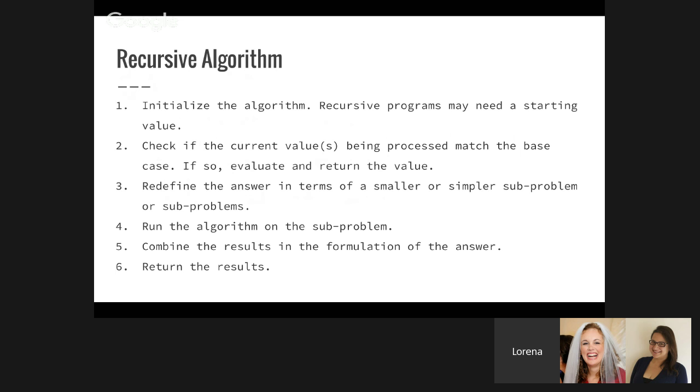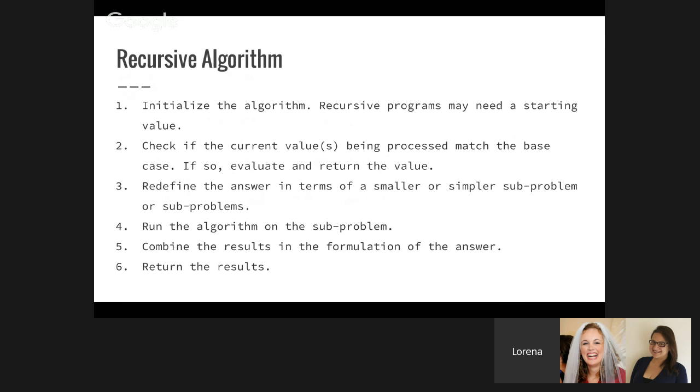Step three, if the base case doesn't match, then you'll need to redefine the answer in terms of a smaller or simpler subproblem. So step one, start the algorithm. Step two, see if the base case matches. If it doesn't, step three is the division: you're going to have some procedure for dividing the problem into a smaller problem.